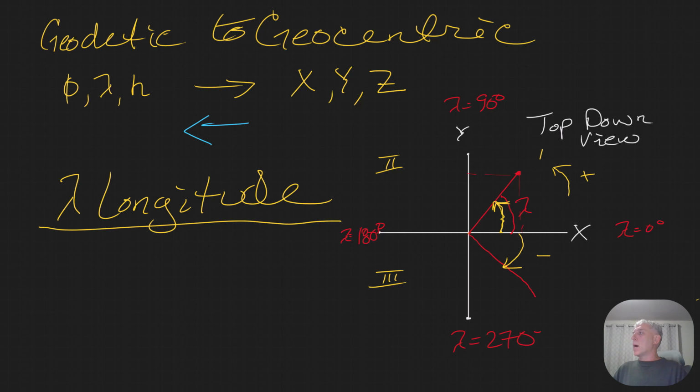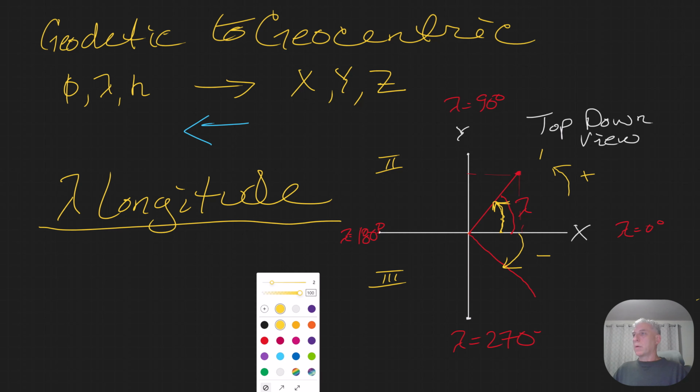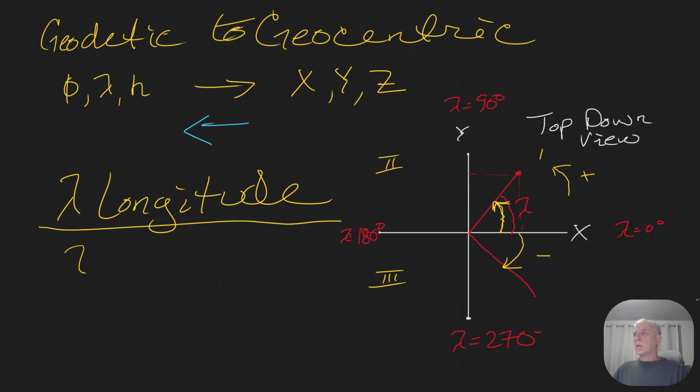So keep that in mind when you are constructing your longitudinal calculation. So for longitude, I'll write it over here. Lambda equals the inverse tangent of y over x plus some constant to adjust for quadrant. That being 0 degrees or 180, what have you.